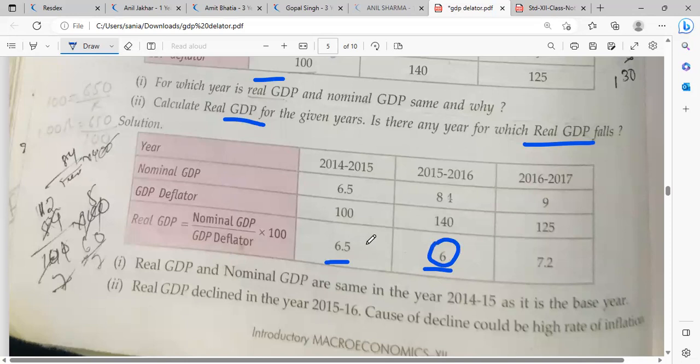No, falls means, see, earlier it was 6.5. Now in the next year it is 6. So that means it is falling over here. In this scenario, it is rising. But only in 2015 and 16, it fell. Right? Okay, clear? Both of you? Yes, ma'am.